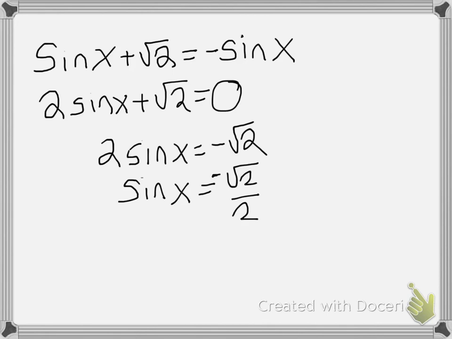Well, this again is one of those wonderful little unit circle things that if you have your unit circle memorized, it'll be like, oh, wait a minute, it's this and this. I'm hoping you're thinking, oh, that's a 45-degree angle. But then this is a negative. So where is the sine negative in the 4 quadrants? Because again, we're going to look from 0 to 2 pi.